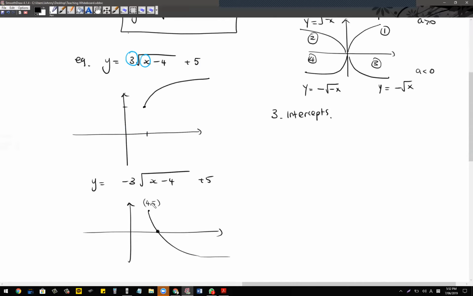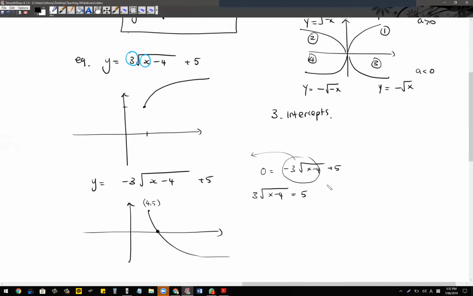Whenever an intercept occurs, you have to figure it out. We plug in y equals 0, because that's the x-intercept. So 0 equals negative 3 root of x minus 4, plus 5. Now move this whole thing to this side and you get positive.